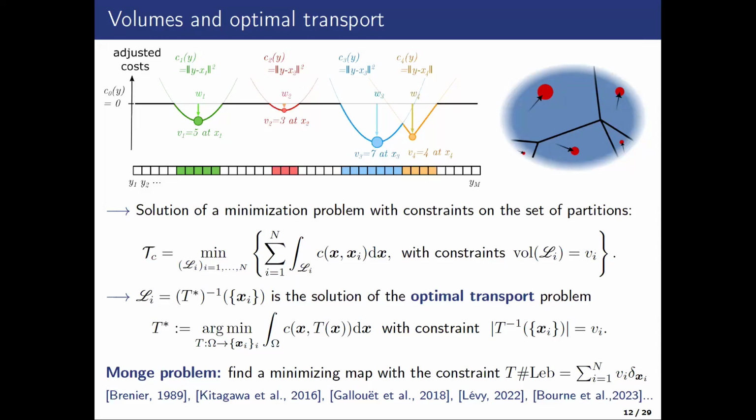When I told you that Bruno Levy was in a much harder setting, it's exactly because of that. What Bruno Levy is doing is that you have the astronomical filaments, so you see the galaxies. That's your points, and you want to match it with the Lebesgue measure on the 3D space.